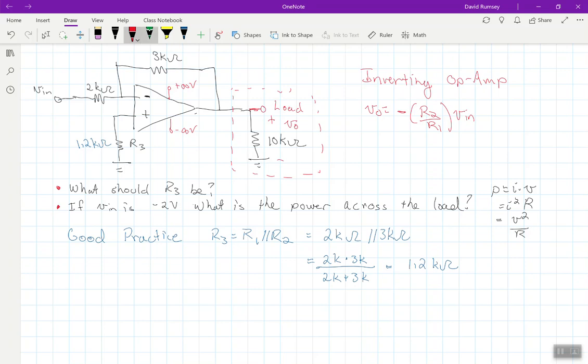Well then, to compute the power, I'm just going to do voltage squared divided by resistance. And so what I'll do here is say, well, okay, V out is negative R2 over R1, so that's negative 3K over 2K times the input voltage, negative 2 volts.